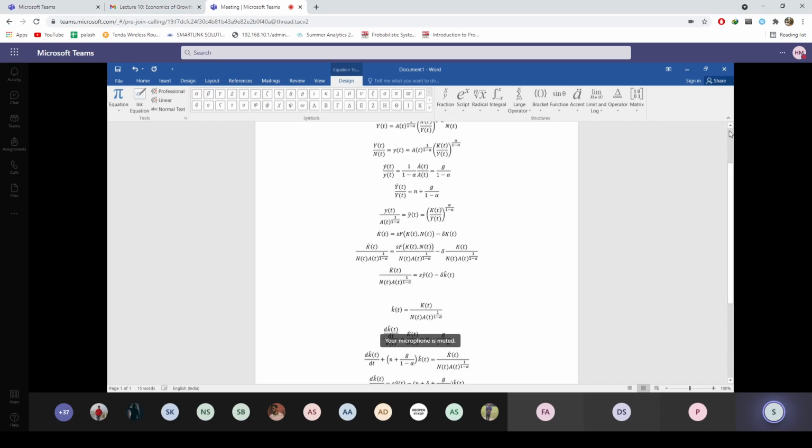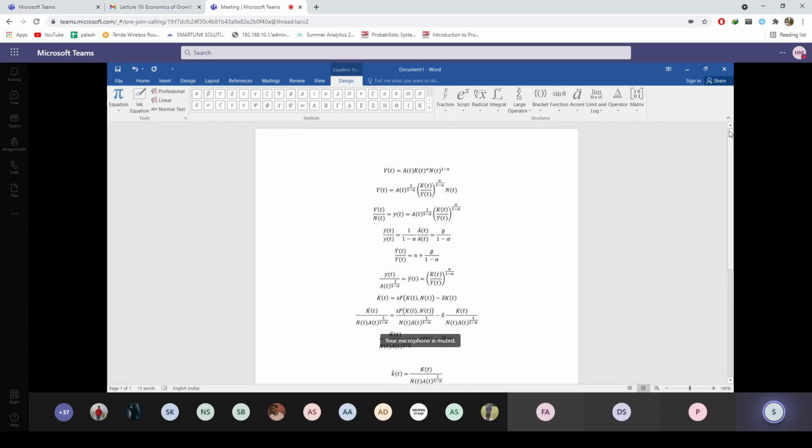Okay, but the interesting part over here: if somebody tells you that I do not really want to understand the transition dynamics, I do not want to know the value of capital K by capital Y, the capital to output ratio at the steady state, I only want to know the rate of growth of this model in the long run.